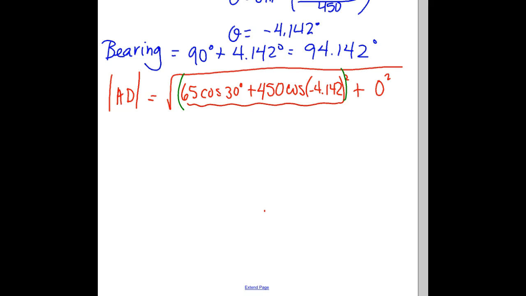So go ahead and use your calculator. 65 cosine 30 plus 450 cosine negative 4.142. If it comes out negative, just drop the negative. What do we end up with?